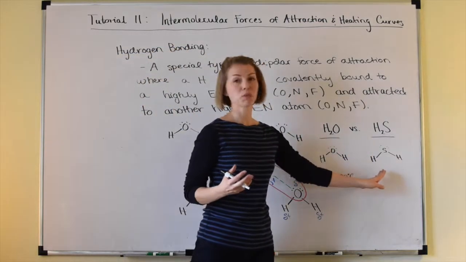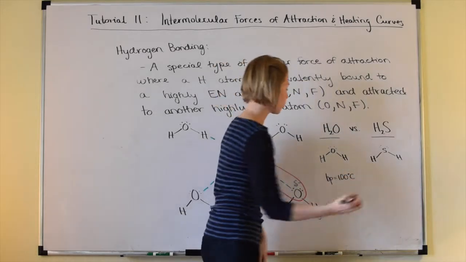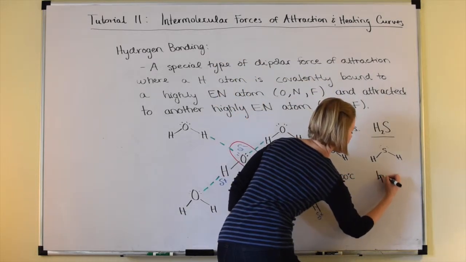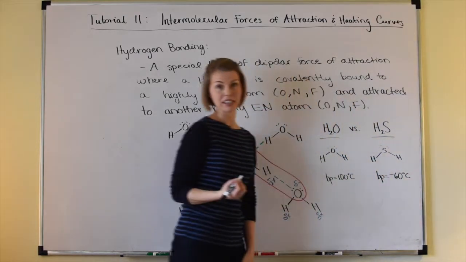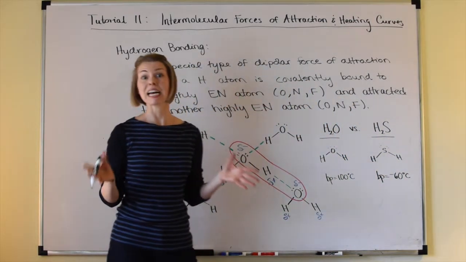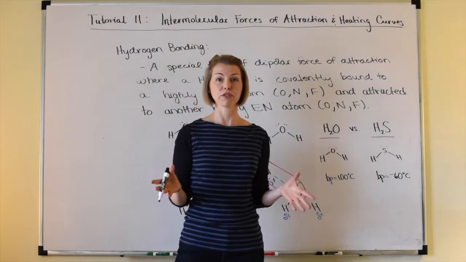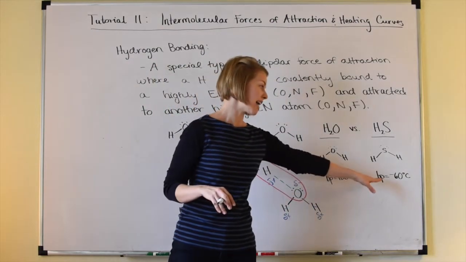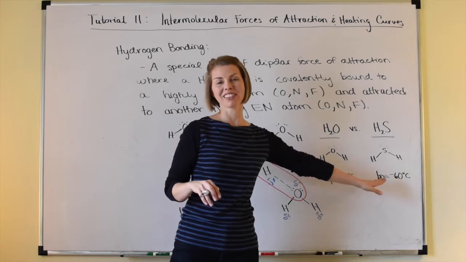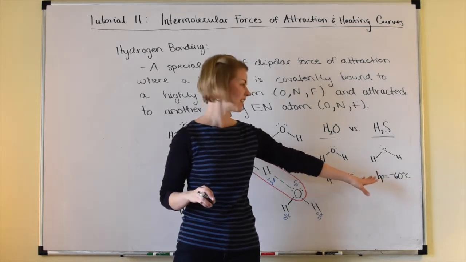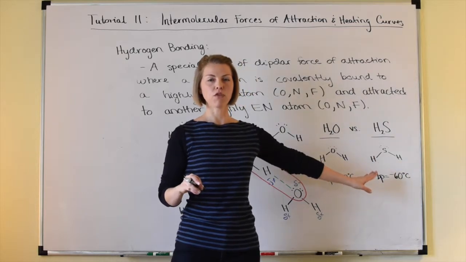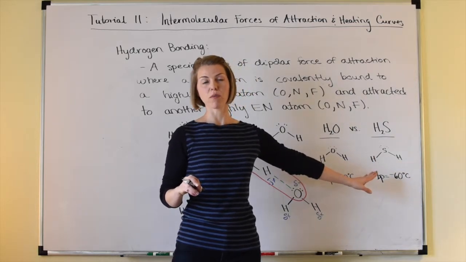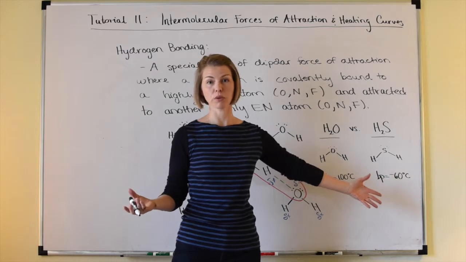Whereas the dihydrogen monosulfide has a boiling point of about negative 60 degrees Celsius. So it is a gas at room temperature, atmospheric pressure. It boils at negative 60 degrees Celsius. And that's because of the lack of the opportunity for dihydrogen monosulfide molecules to hydrogen bond with one another.